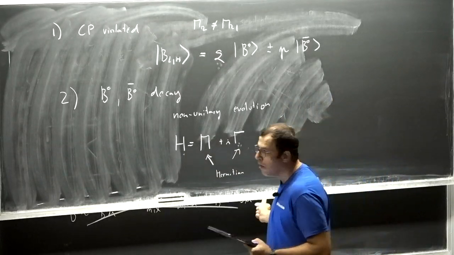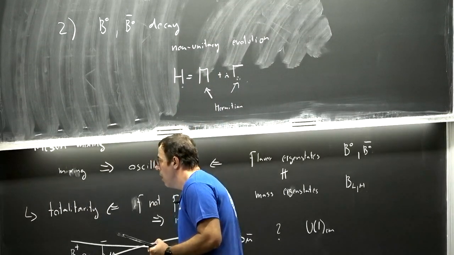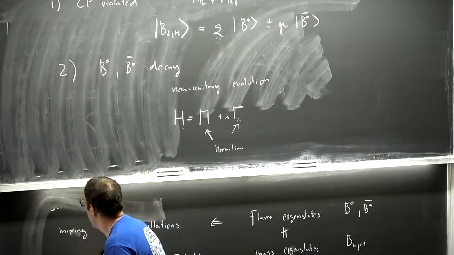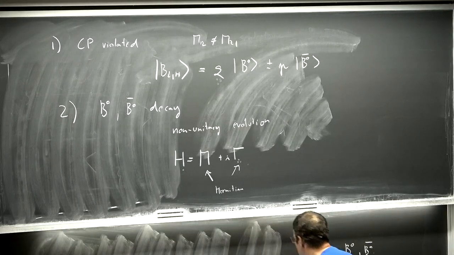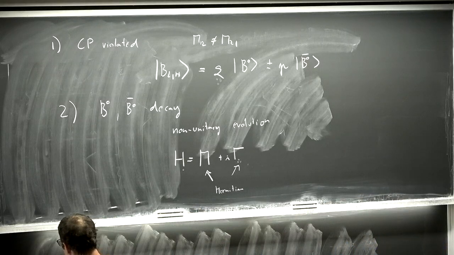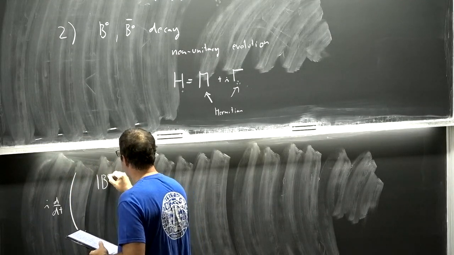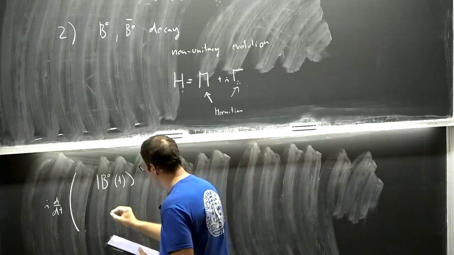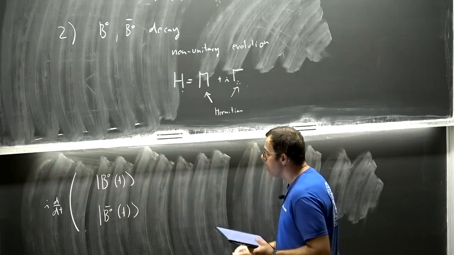Right? So if I now write the evolution, let me call B0 as a function of time a B0 that starts as a B0, and a B0 bar is the state that starts as a B0 at t equals 0.